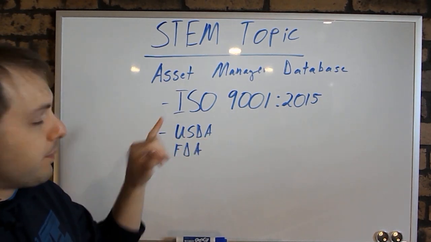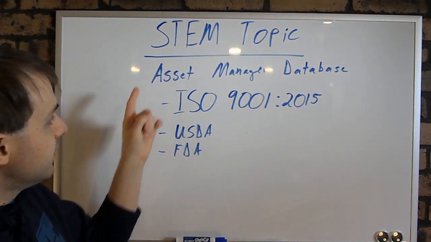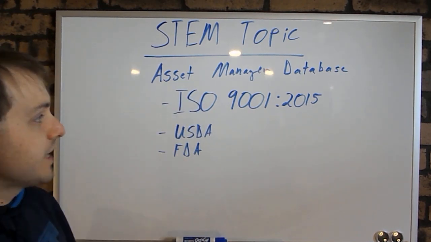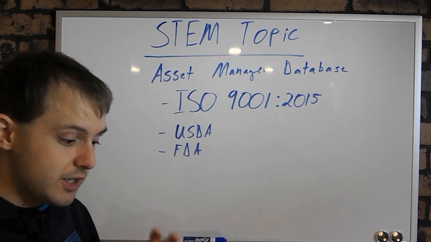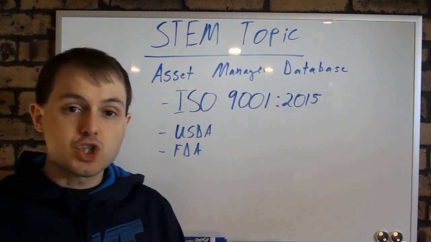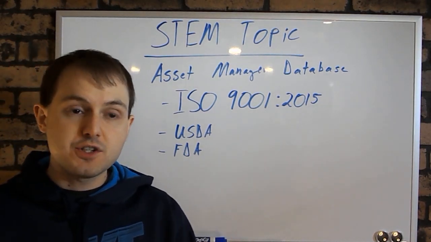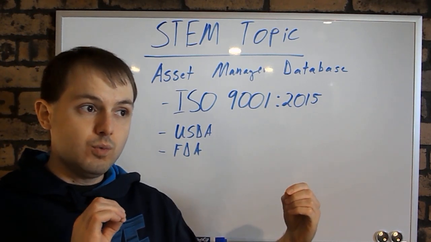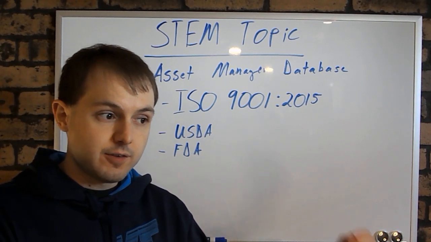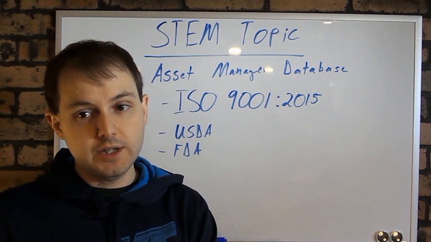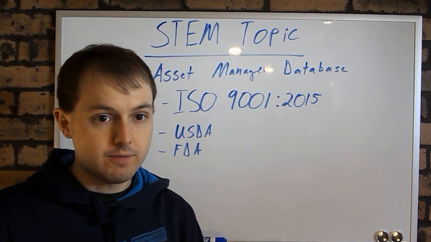But the biggest thing that I like to point out is that an asset management database meets ISO 9001:2015's requirement that your systems are tracked. And the reason why they have to be tracked is that we're saying that what we are producing from this line is not going to be altered in any way, so that we're not altering the product coming off of our line.